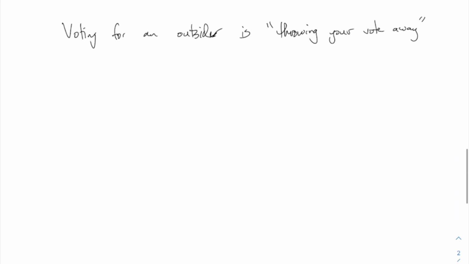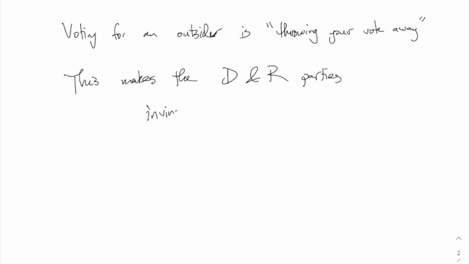All right, the effect of this is this makes the D and R parties invincible. Right? There is really almost no way that anybody else could become the president in the United States because there is a huge disincentive for voting for anyone who's not in one of these parties.